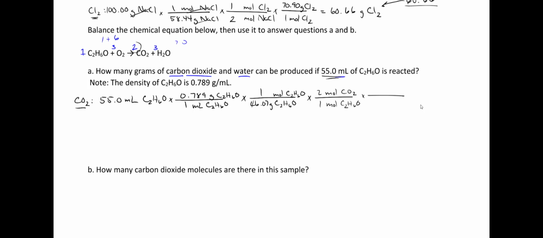And we finally wanted grams. So we have to, again, go to our calculator to calculate this. Actually, we did this earlier in the notes, and you might recall that a mole of carbon dioxide has a mass of 44.01 grams.